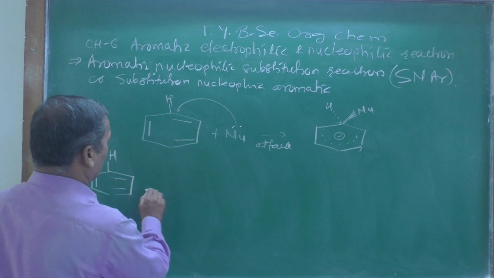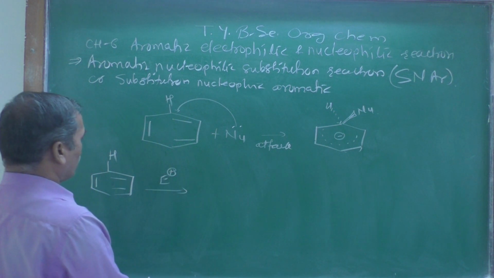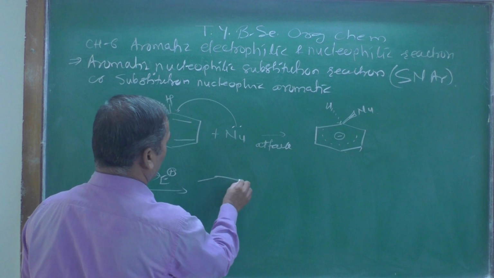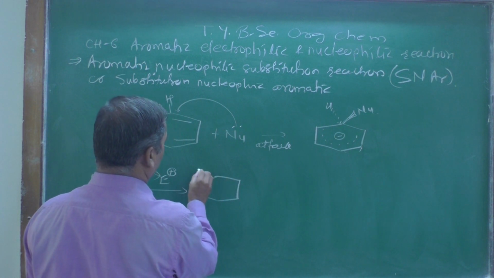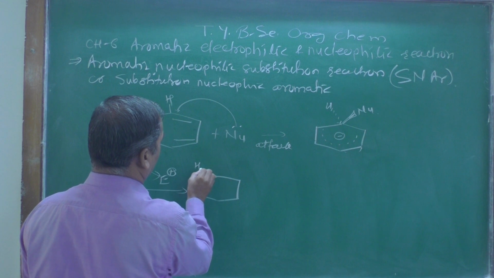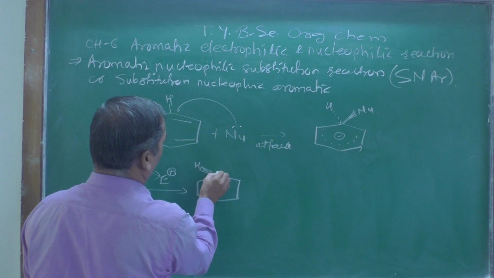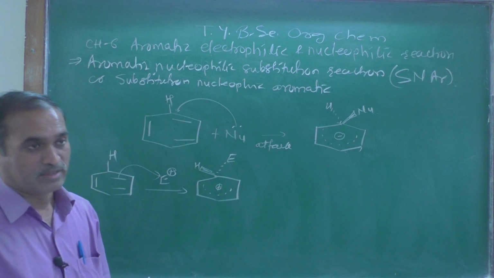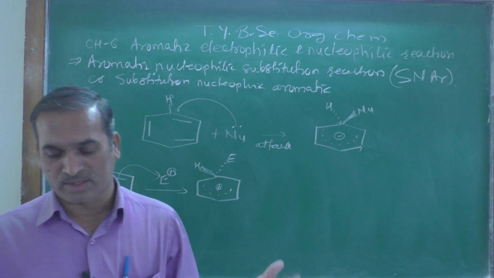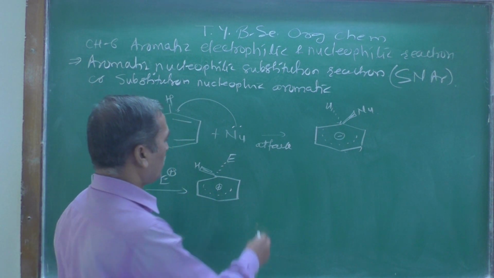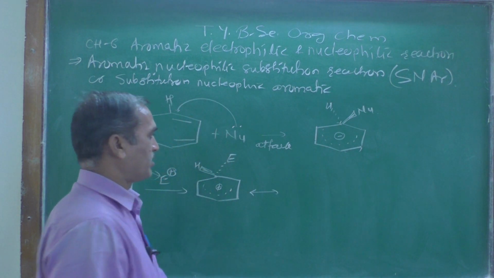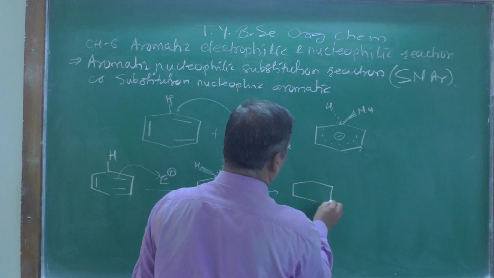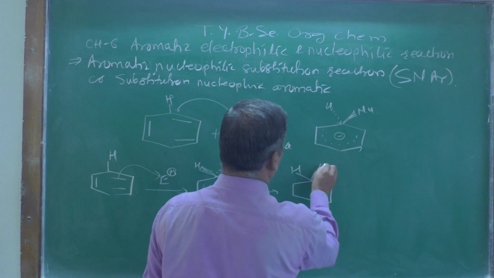When it is treated with an electrophile, the electrophile easily attacks, and we get this type of arenium ion, with a positive charge over there. That is a sigma complex, the arenium ion that is formed, and that arenium ion is well stabilized due to resonance.